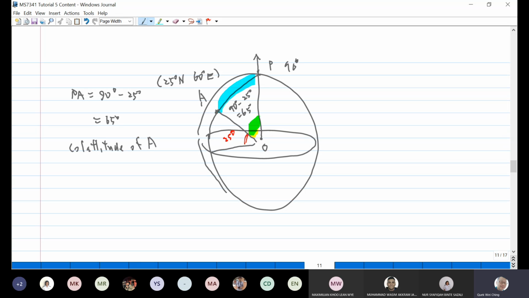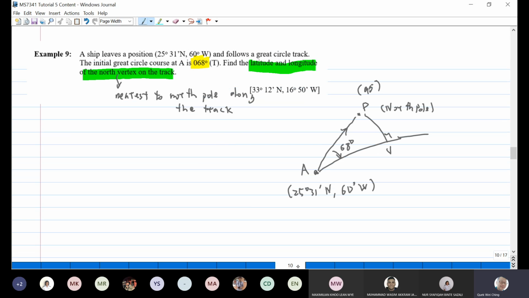So if you go back to the earlier slide, what is PA now? You know P is the North Pole, right? So the latitude of A, for the question, is 25 degrees 31 minutes north.